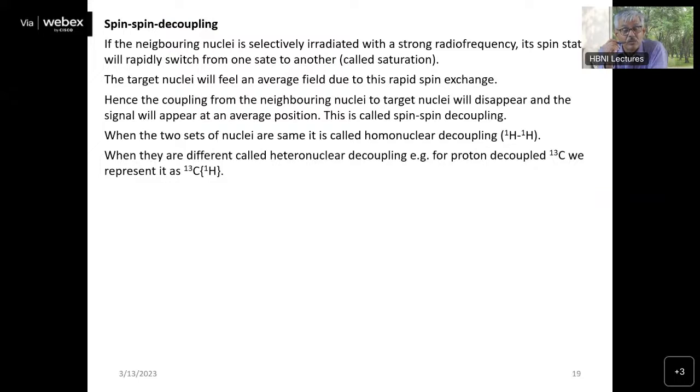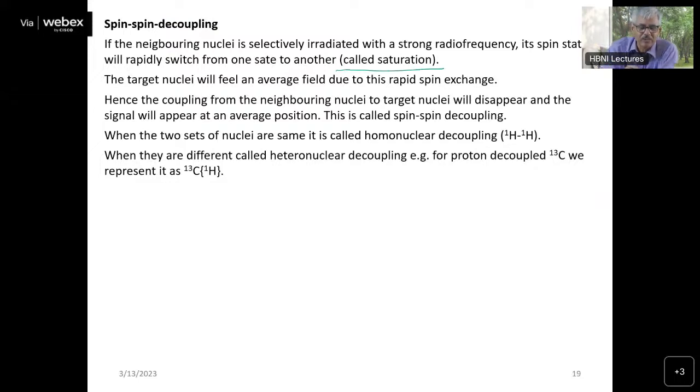Okay, but in spin decoupling, what you do is selectively irradiate this neighboring proton or a group of neighboring protons with a strong radio frequency at that particular frequency. So if you irradiate a group of protons with another radio frequency, those nuclei will now start flipping very fast from one state to another, and that situation is called saturation.